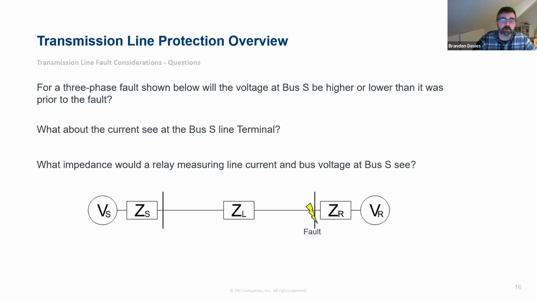That's what we're trying to avoid as protection engineers, because obviously it's going to cause more equipment failure, it's potentially dangerous for people in that area, and it's going to cause a much bigger issue to the system overall.